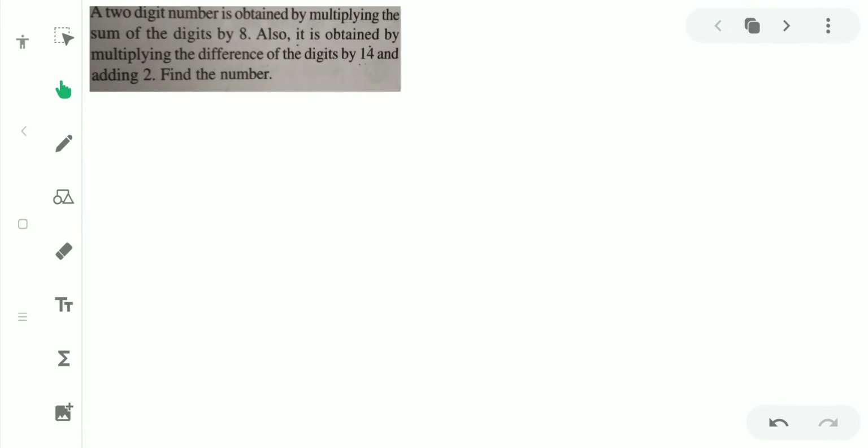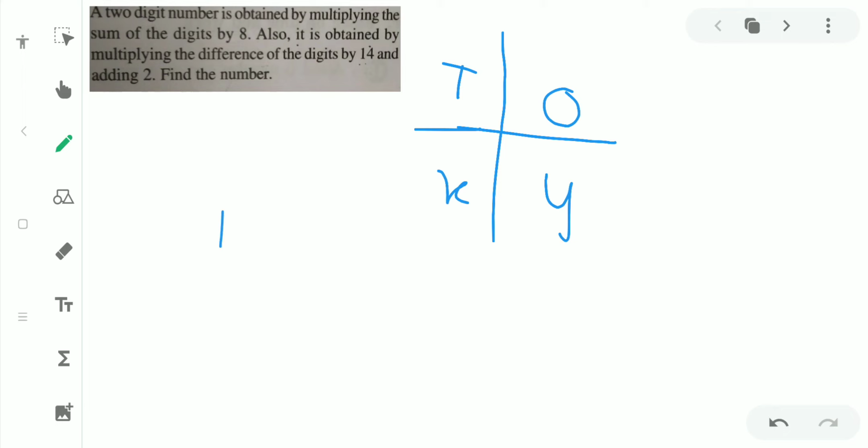For a 2-digit number we have a tens place and a ones place. If I take the tens place digit as x and the ones place digit as y, we will get 10x plus y.